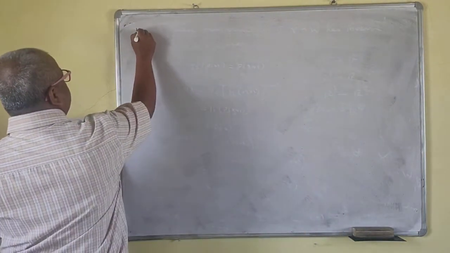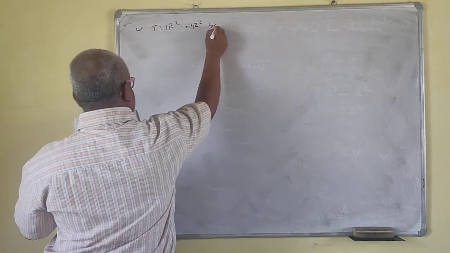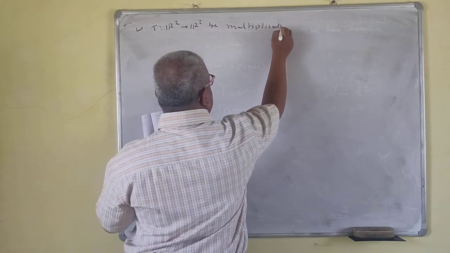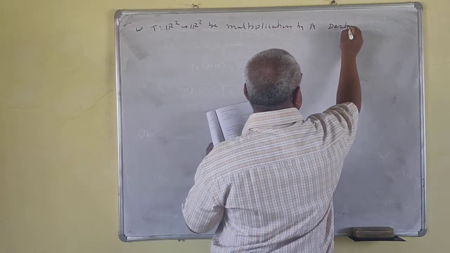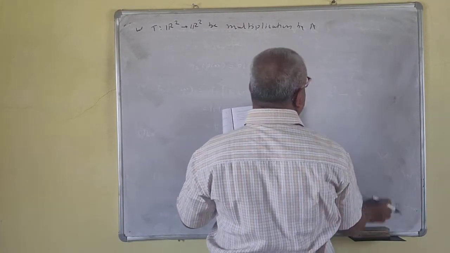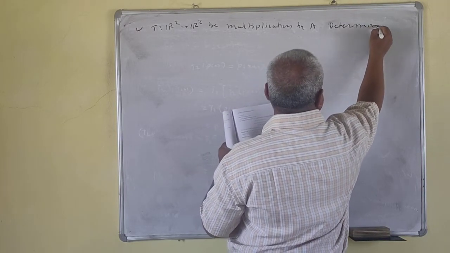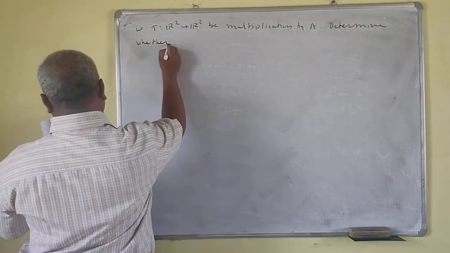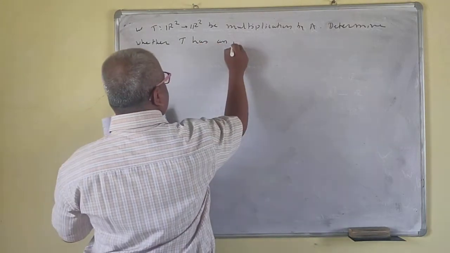So let T from R2 to R2 be multiplication by A. Determine whether T has an inverse.